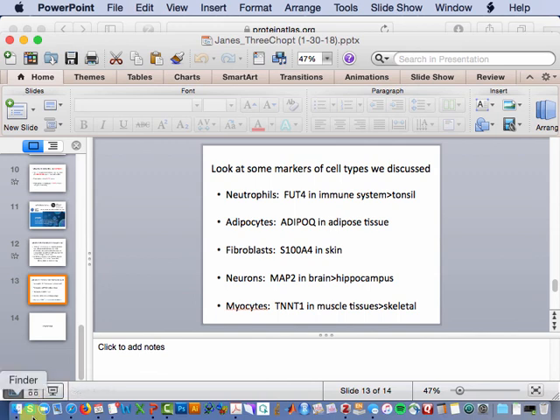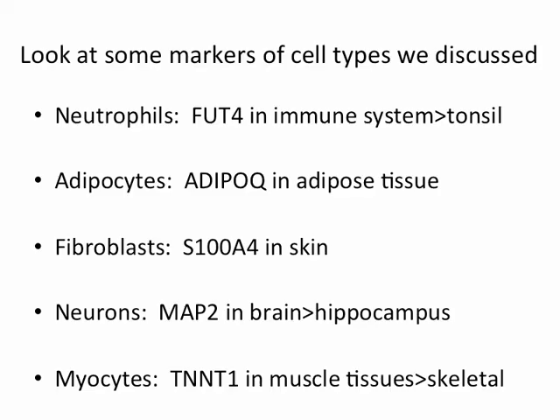Okay, here are the best markers that I could find that give cool patterns for neutrophils, adipocytes, fibroblasts, neurons, and myocytes. If you want to look at the neutrophil stain, you type FUT4 into that first field, and the place where I saw the coolest staining is the immune system, looking in the tonsils.